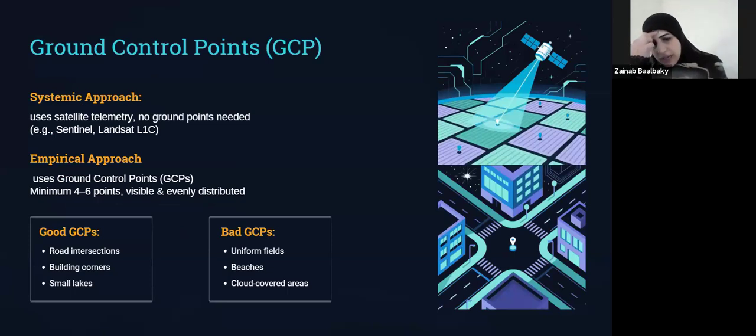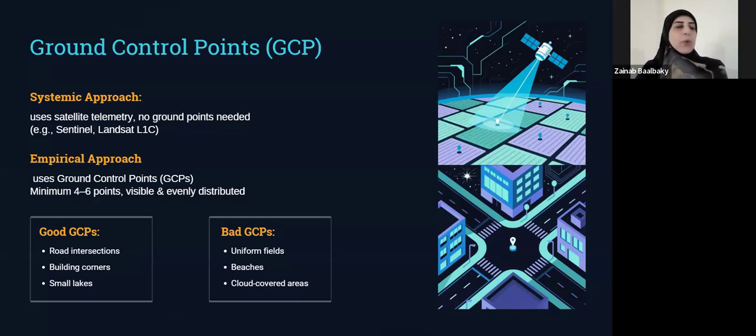This geometric correction can be performed using two approaches, the systematic approach and the empirical one. The systematic one uses satellite telemetry and physical data. No ground points are needed, while the empirical approach uses ground control points, or GCPs.